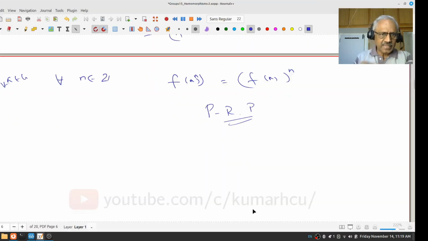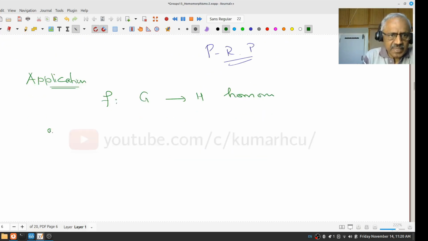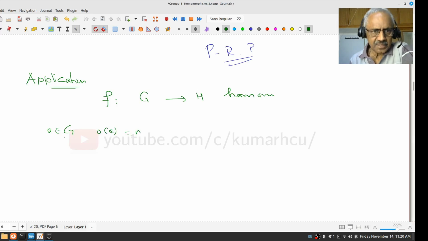So let us look at some applications. Suppose f from G to H is a homomorphism between groups, and suppose I take an element a in G and assume it is of finite order. G may not be finite, but a is of finite order. Order of a is n.